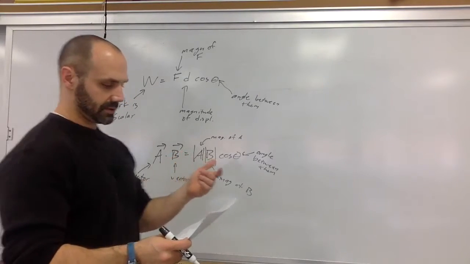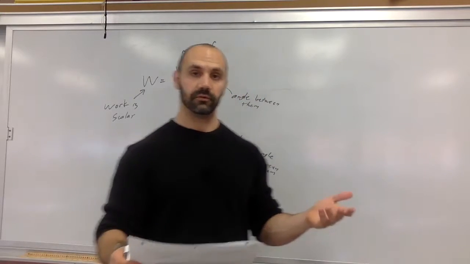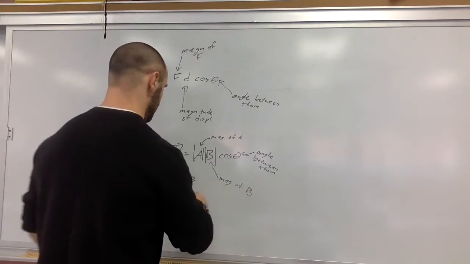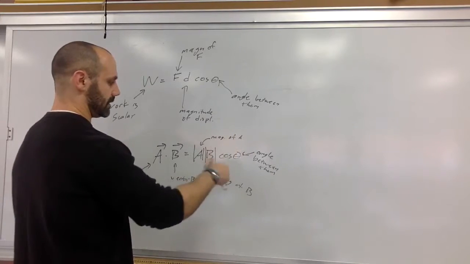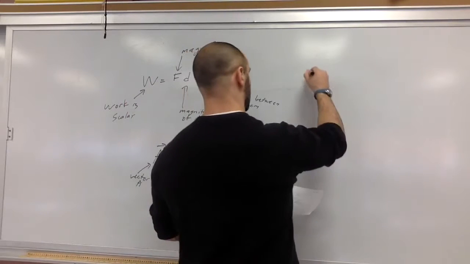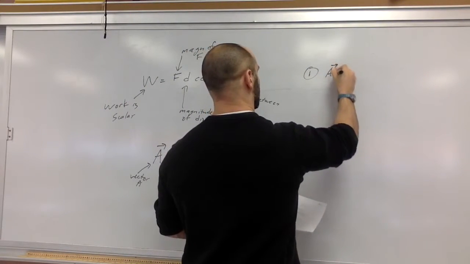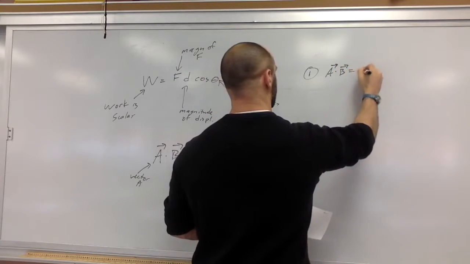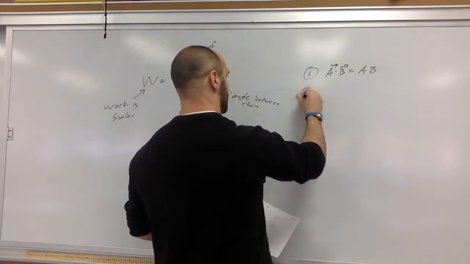So let's talk about some of the what ifs, right? What if two vectors are parallel? Well, if two vectors are parallel, that means they're in the same direction. Since if they're in the same direction, then theta is 0. And what's cosine of 0? 1. So, the answer to that question 1 there is then A dot B is simply equal to A times B, the product of their magnitudes. 2.